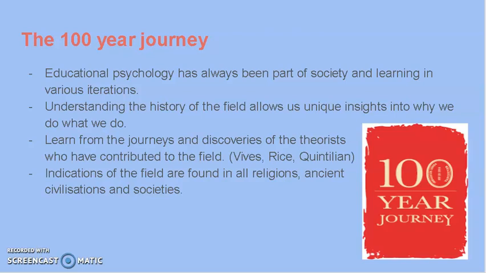I like the fact that they also talk about religions, ancient civilizations, and societies, and how they have also really contributed to the way in which we approach learning and education, and the way in which we understand the importance of the individual within that education journey. So this document is definitely something that you should read and be very cognizant of the various changes and the various overlaps that these theorists have.